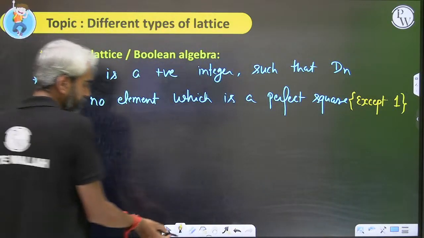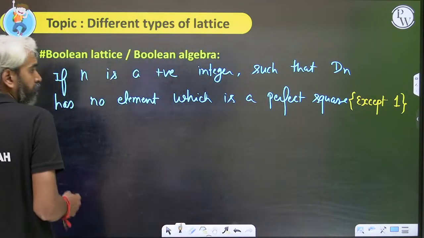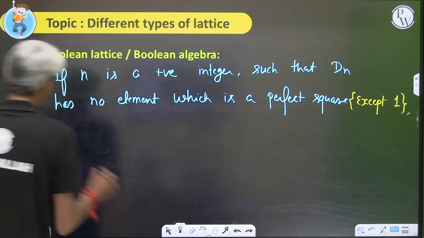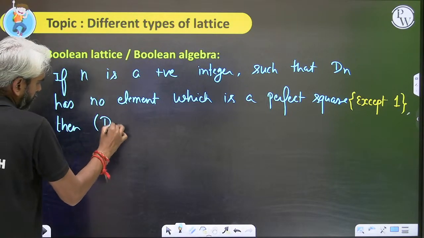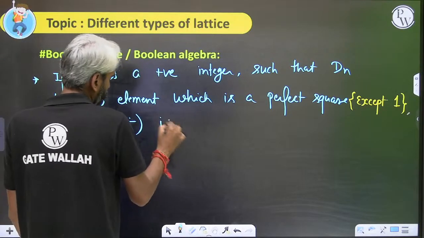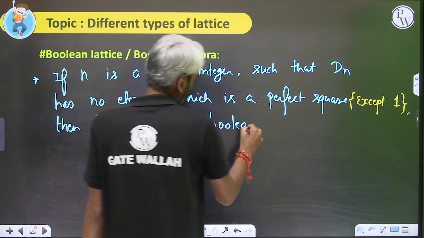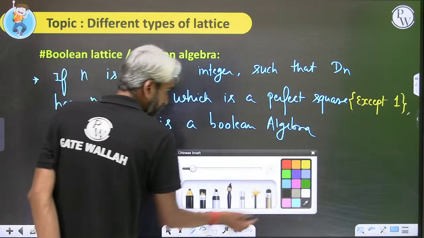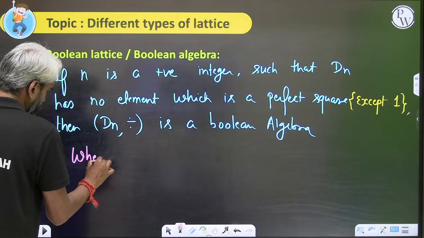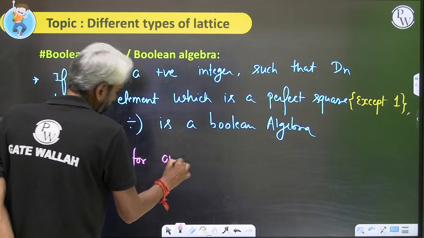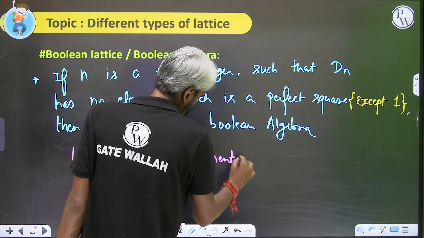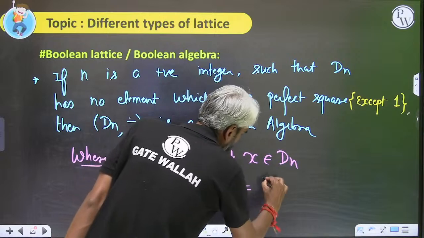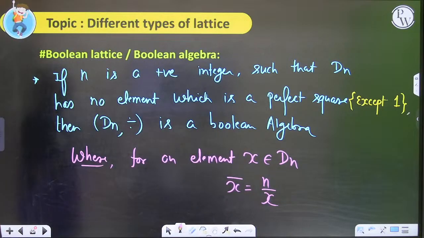If Dn has no element which is a perfect square except 1, then the set Dn with respect to divides is a Boolean algebra, where for an element x belonging to Dn, the complement of x will be n by x.